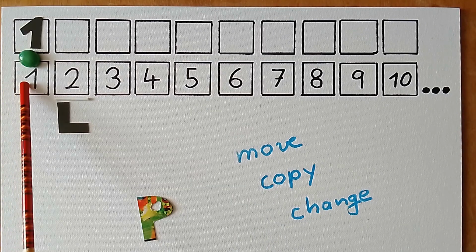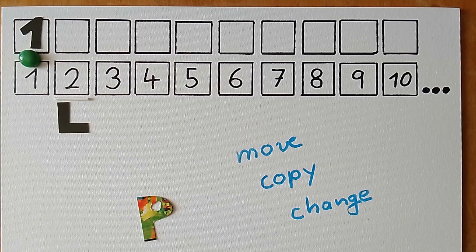It's supposed to be there 1 time. That's already it. And change, well, that's an exception too. 1 doesn't make multiples, doesn't make composite numbers. Therefore, the L stays.